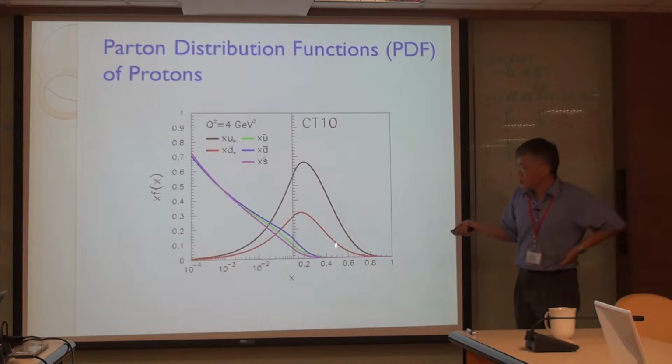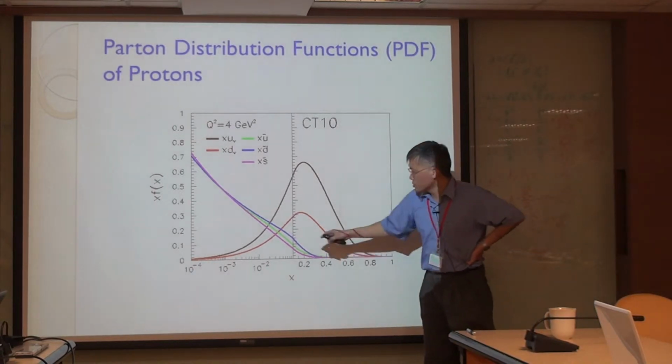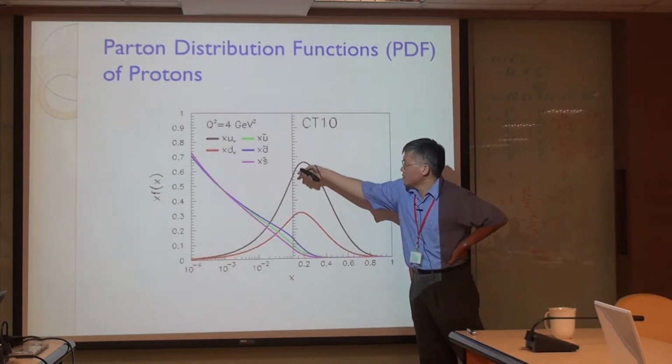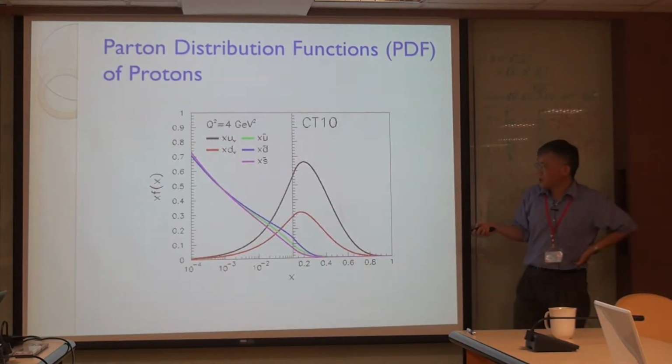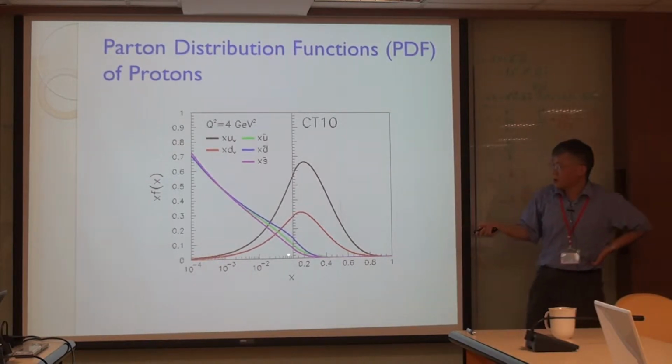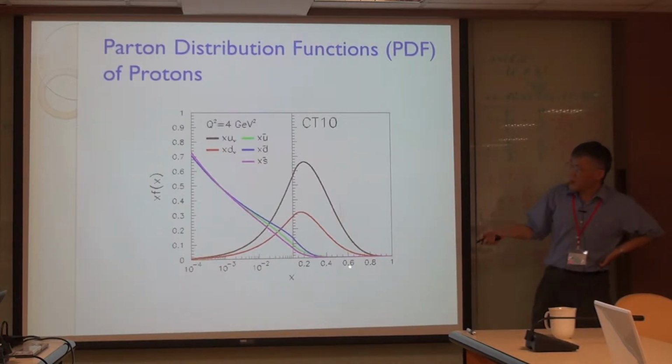And if you pay good attention here, you might see these three lines, blue, green, and purple. They characterize u bar, d bar, and s bar. They don't lie on the same line. They are simply three different lines.